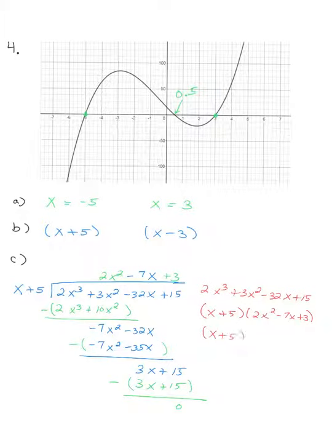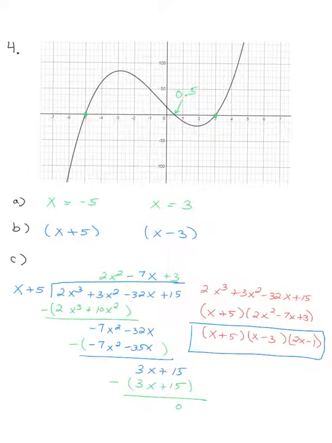And I know that x minus 3 has to divide into 2x squared minus 7x plus 3, which leaves me with 2x minus 1 as the remaining factor. This is the answer to the question. And notice that here the factor is 0 at positive 1/2 or 0.5, and that matches up with what we have on our graph.